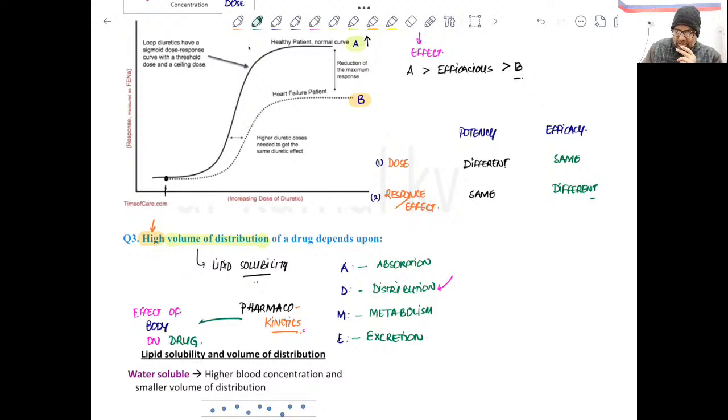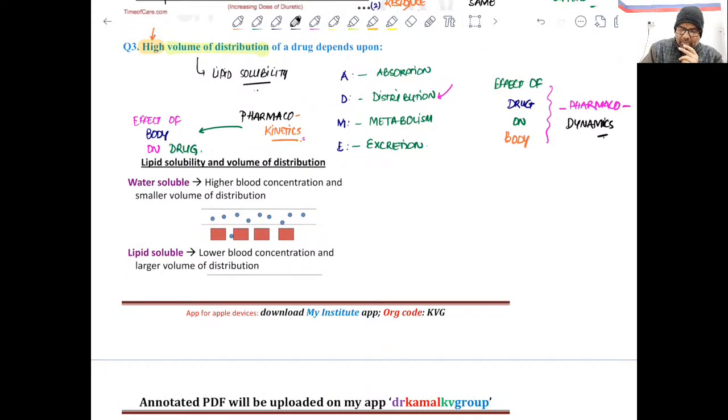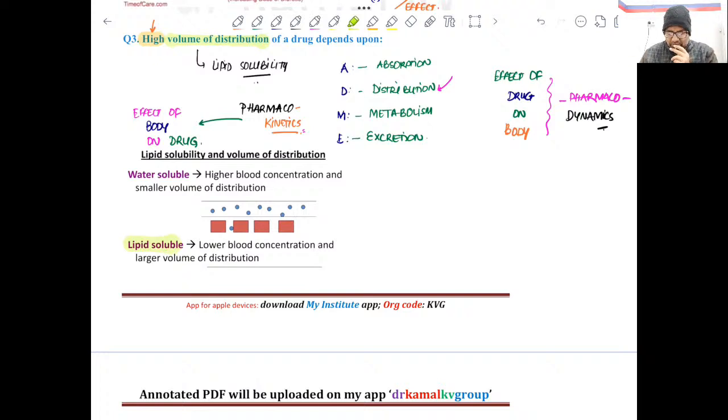So this is pharmacokinetics, because there is another term, effect of drug on body, and this is known as pharmacodynamics. Clear? So there are two terms, pharmacodynamics, pharmacokinetics, right? So this is more lipid soluble, higher volume of distribution.